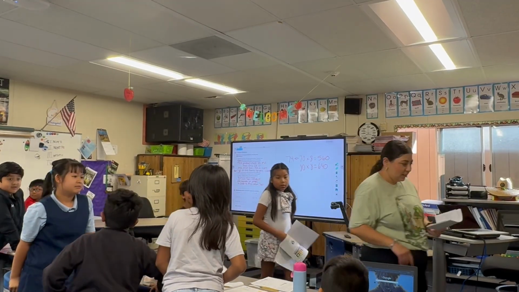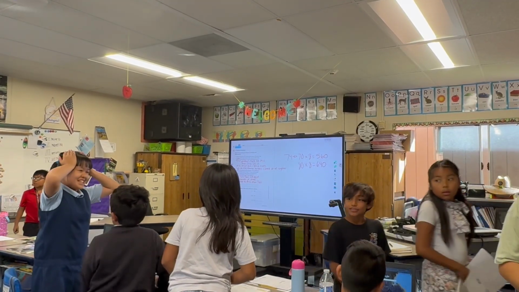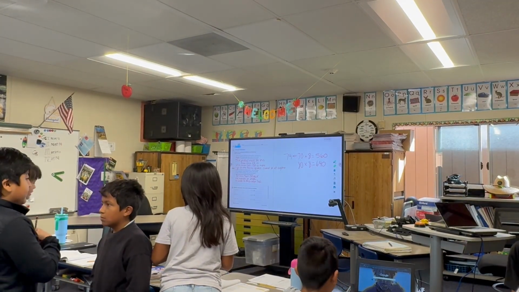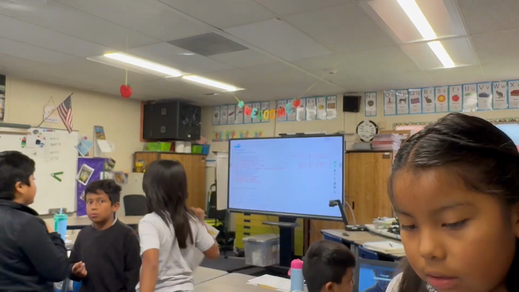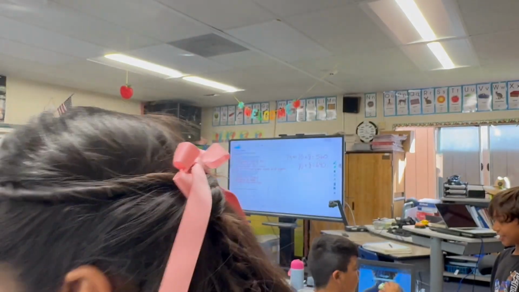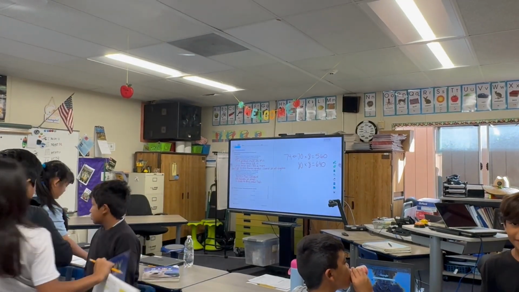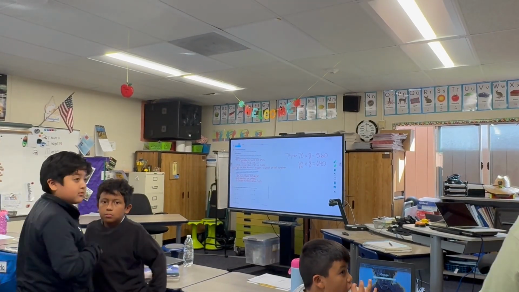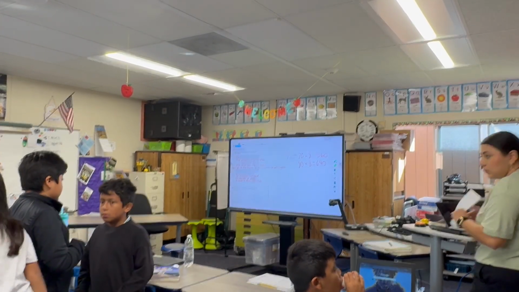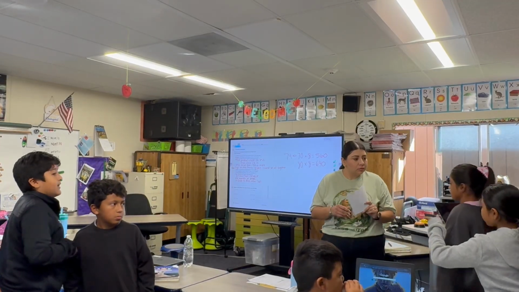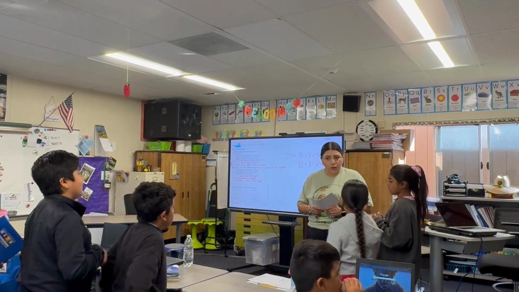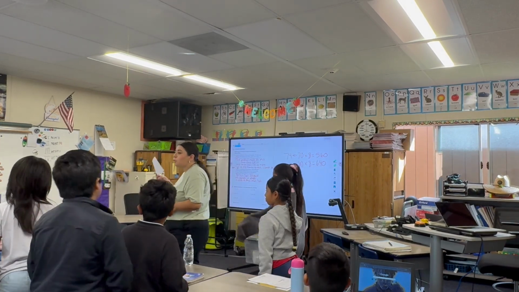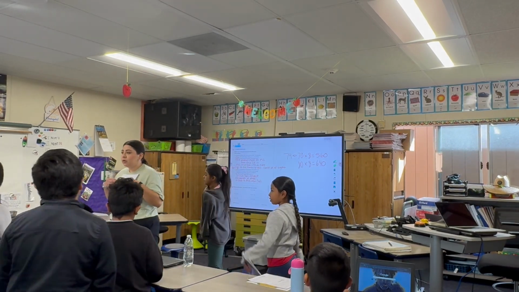Can I work with 3? Yes, I'm okay with 3. No, this will be your independent work. The exit ticket has to be done on its own. Why do we do exit tickets on our own?